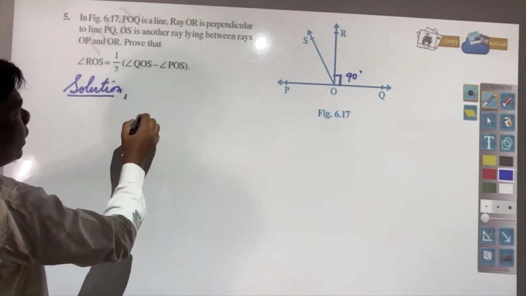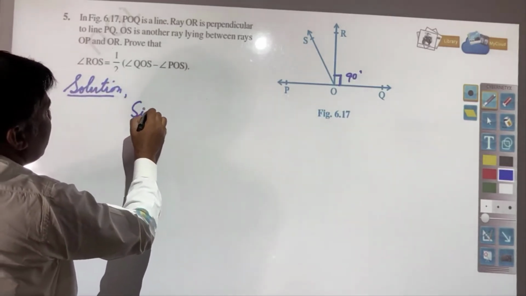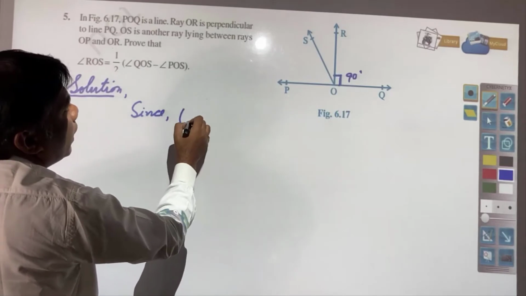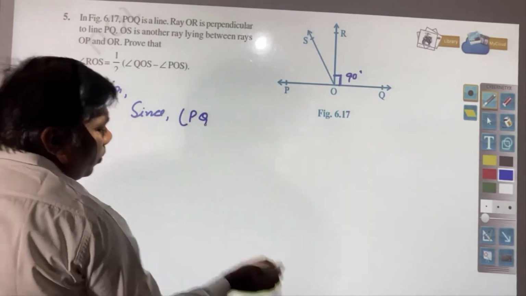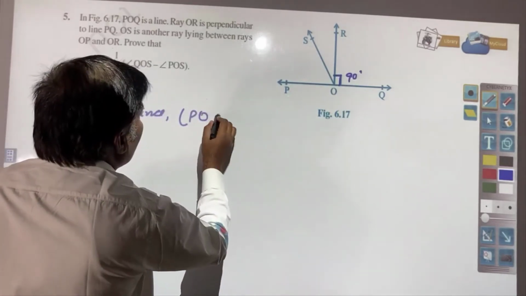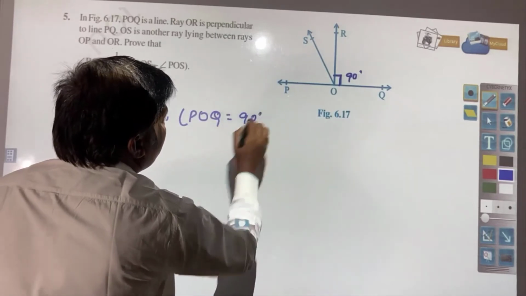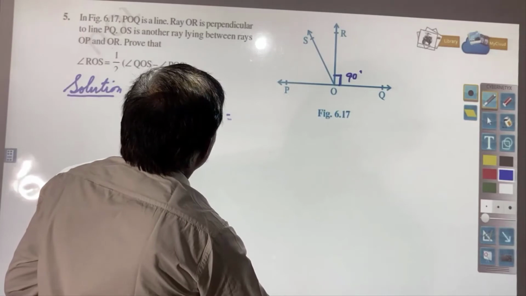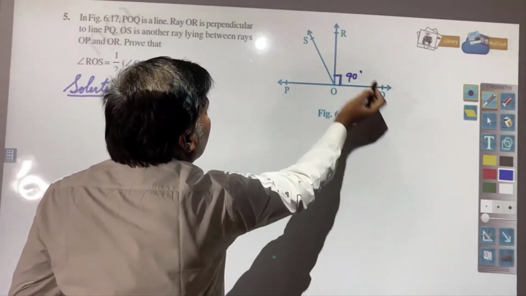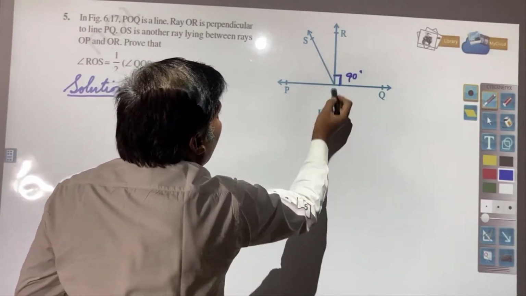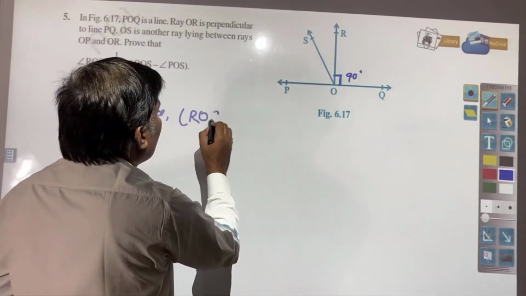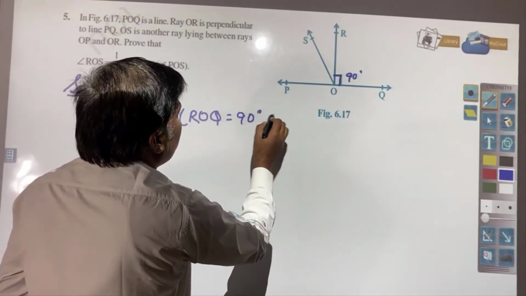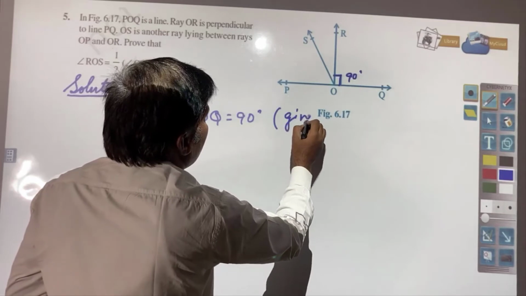Here you will write, since angle ROQ, sorry, not POQ, ROQ is equal to 90 degrees. That is given.